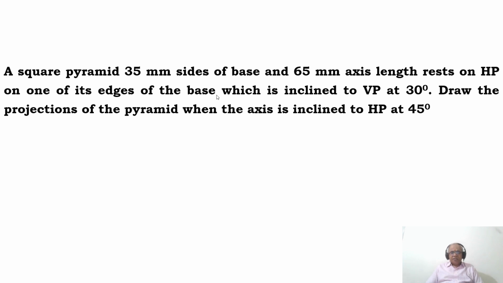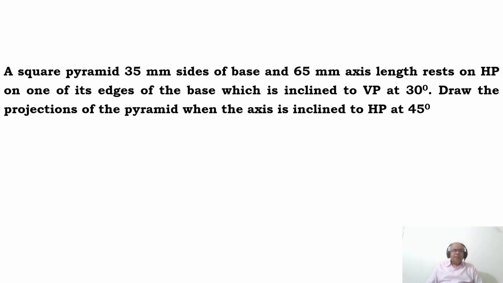So it is similar to a square lamina of 35 mm side resting on HP on one of its sides, which is inclined to VP at 30 degrees. The surface of the lamina is inclined at 45 degrees to HP. The same type of problem has been extended here to have the axis length.